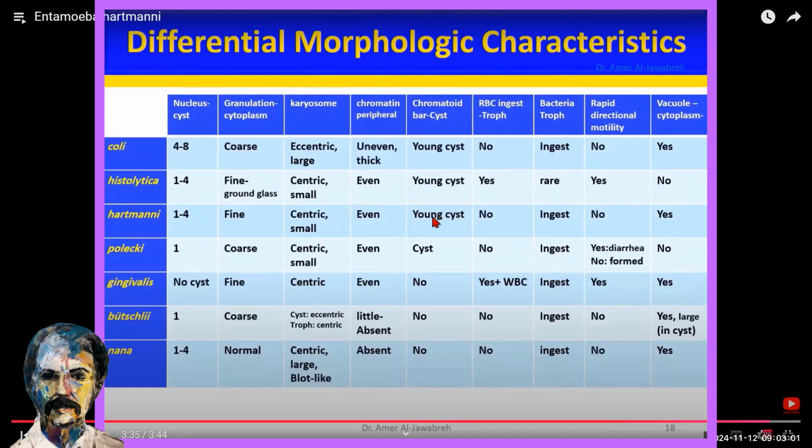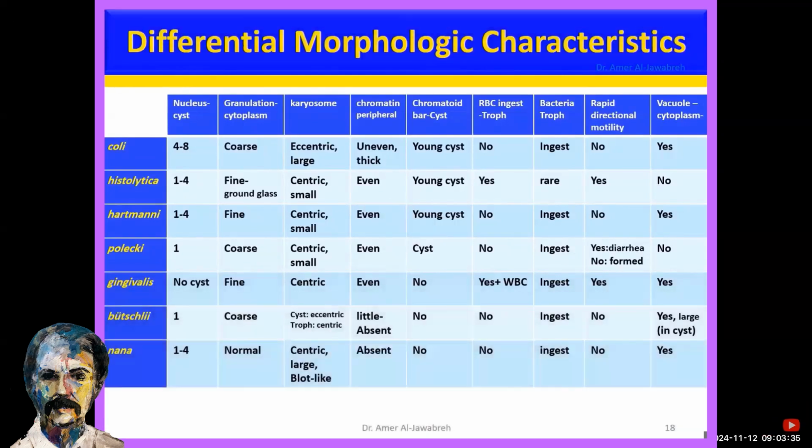Here it's in cyst, not young cyst, but cyst. This has to go away. RBC, the only one that has RBC is the histolytica. The rest, no. Maybe a little, apart from the gingivalis in the mouth. Bacteria trophozoite, yes, rare, and here it's ingested. Rapid directional motility, the only one that has this characteristic is E. histolytica. The rest, they are not rapid. Vacuole in the cytoplasm, histolytica no, in most cases. Here, yes. This is all for hartmanni.